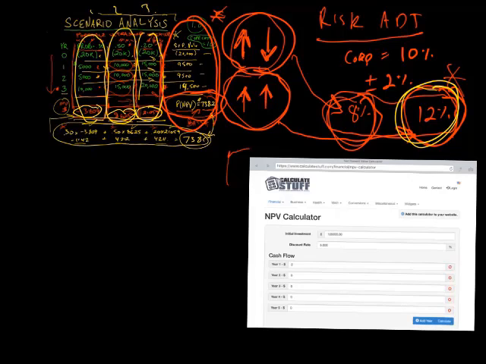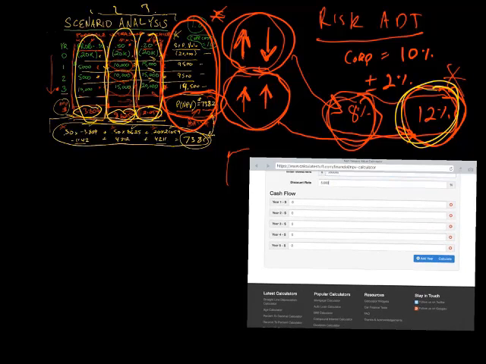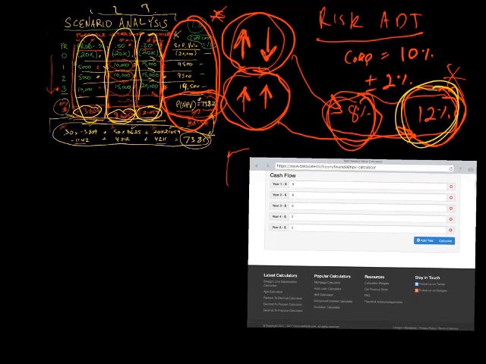All right, let's see if we can get my web page to work here. And we'll plug in the values. Our initial investment, again, we calculated that at $20,000. Okay, we've got our new interest rate, or corporate cost of capital, risk adjusted. Okay, we got that.